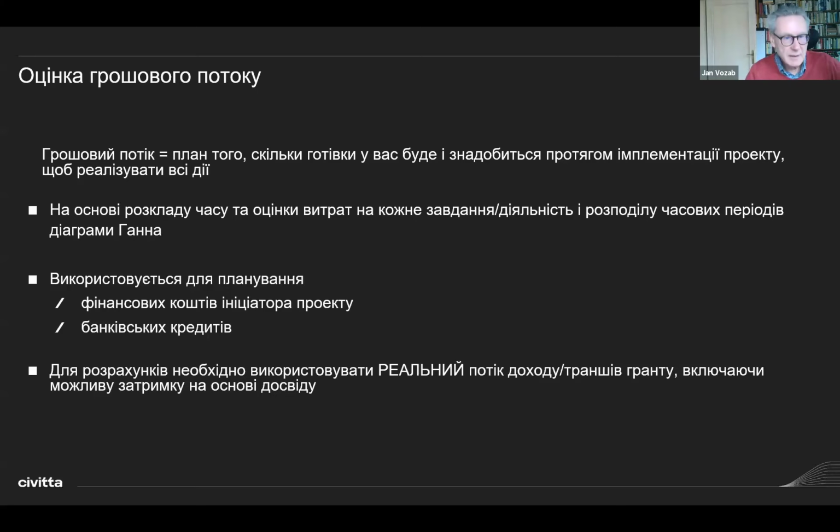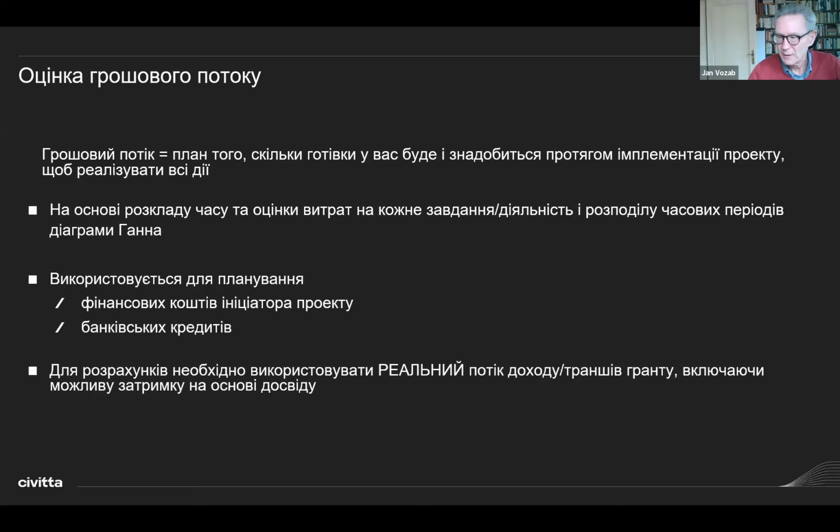So what is a cash flow? It's a calculation of the money you get or you have and expenditures you have to have every month, or usually every month, and it's a balance of this money.